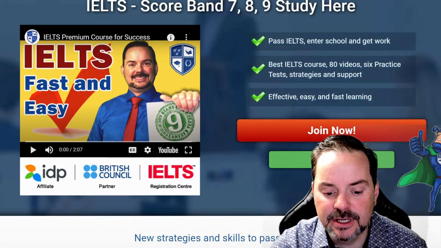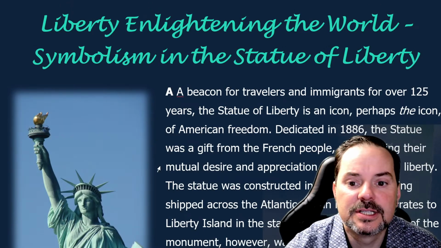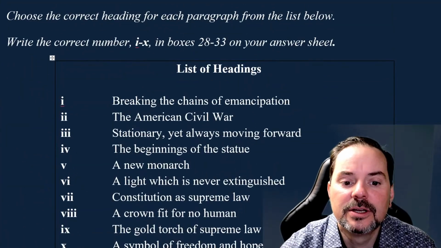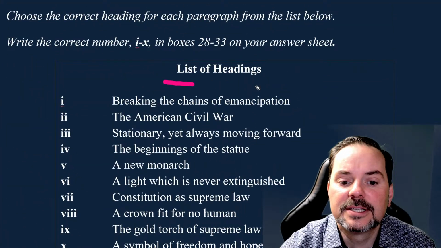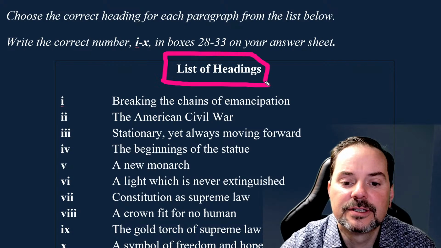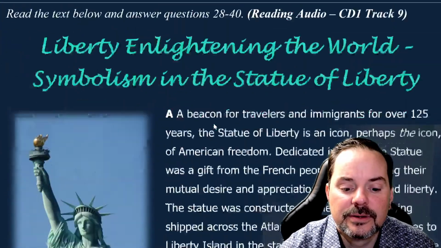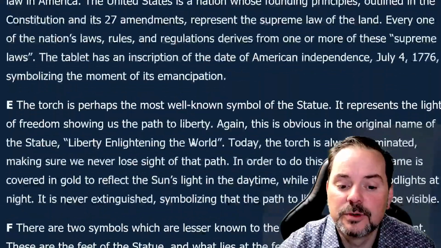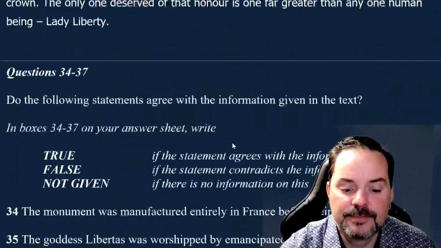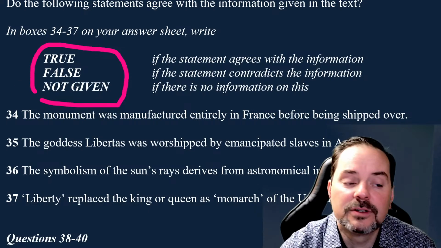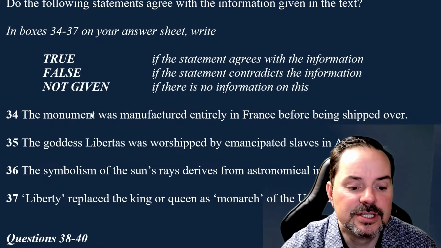This academic IELTS passage looks like this. It is actually reading passage 3. We will look at list of headings type questions, members, viewers. I will give you strategies for those. We'll read the passage together. Then we'll look at some true, false, not given questions and strategies.